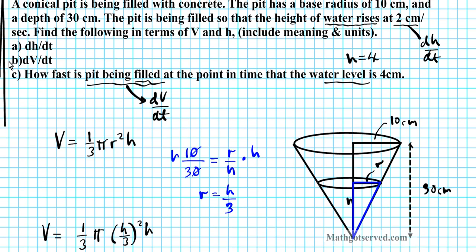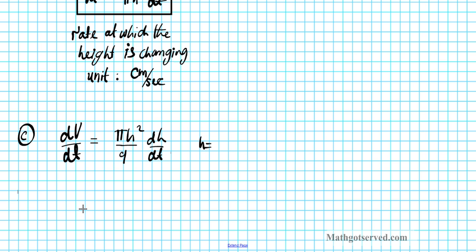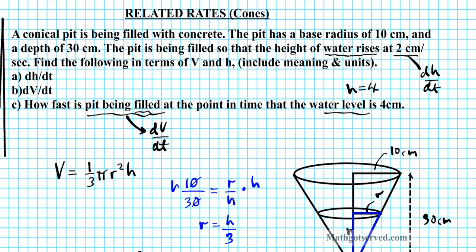And dh/dt, the rate at which the water level is changing, is 2 centimeters per second.